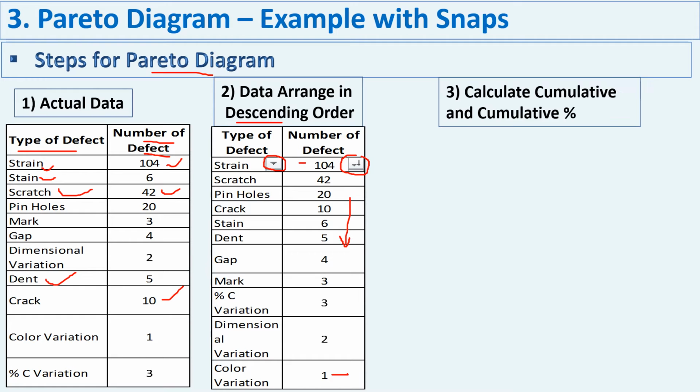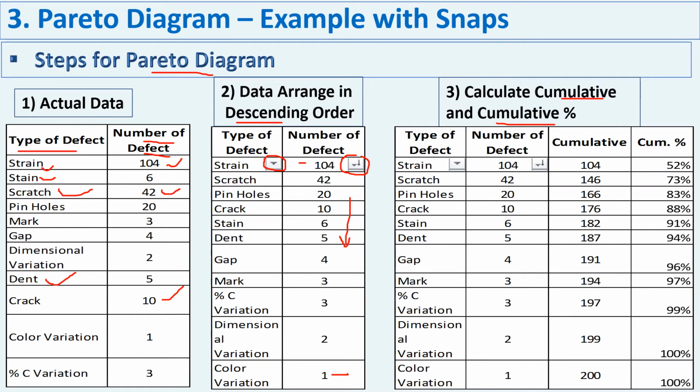Then in the next step we calculate the cumulative and cumulative percentage. Here you can see our data, type of defects and number of defects. Cumulative means 104 is equal to 104. How do we calculate 146? 104 plus 42 is equal to 146.